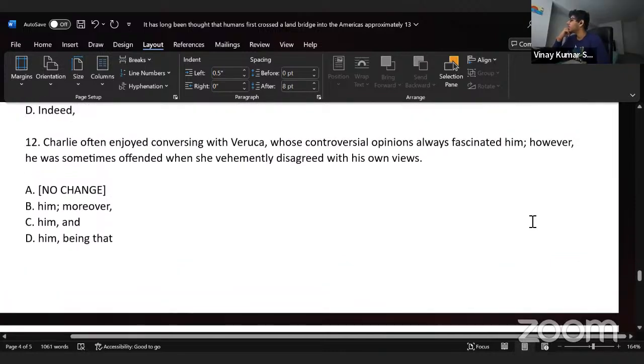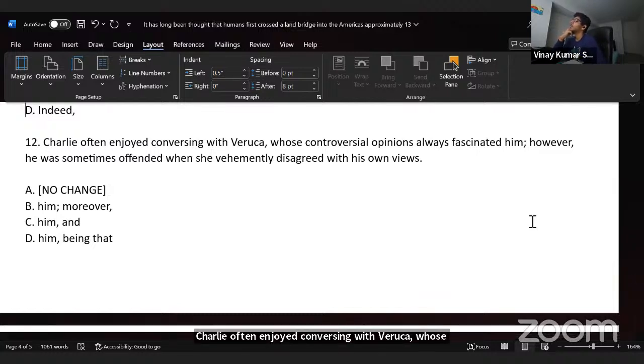Charlie often enjoyed conversing with Veruca, whose controversial opinions always fascinated him. However, he was sometimes offended when she vehemently disagreed with his own views. A.